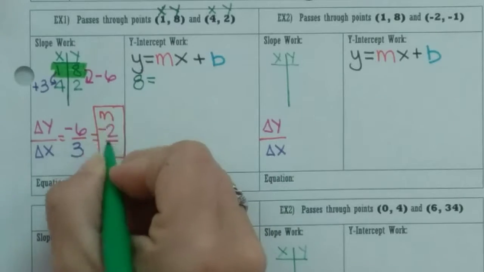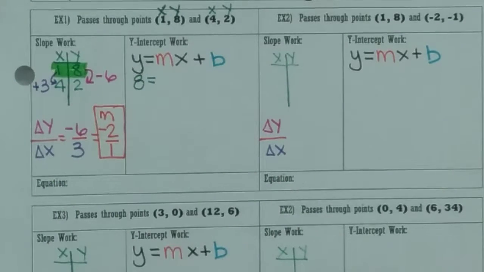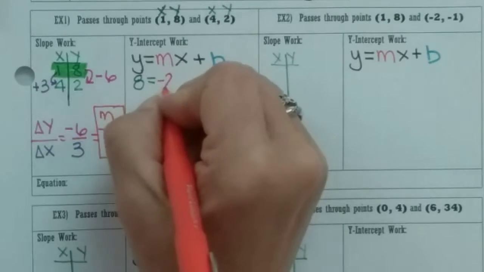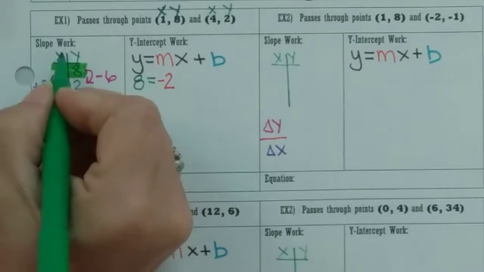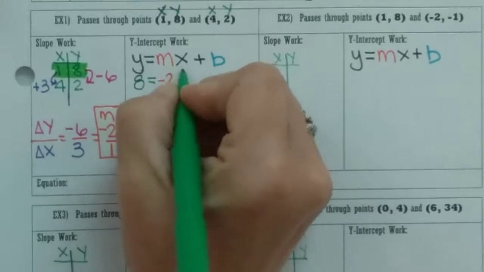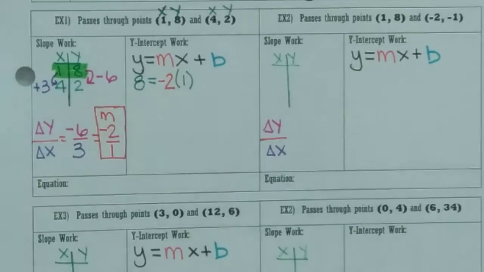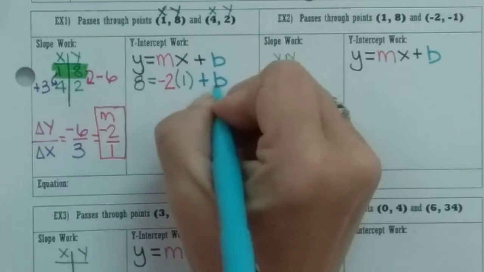Underneath m, I'm going to put the slope of -2 over 1, which reduces to just -2 for the equation. In the table, the highlighted point has an x of 1, so in the equation under x, I'm going to put a 1. And then we have plus b, because that's what we're trying to find.